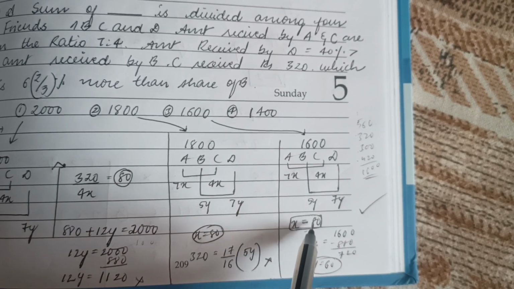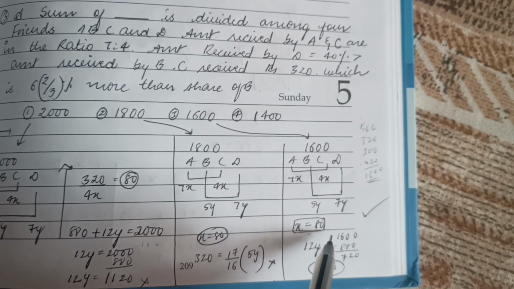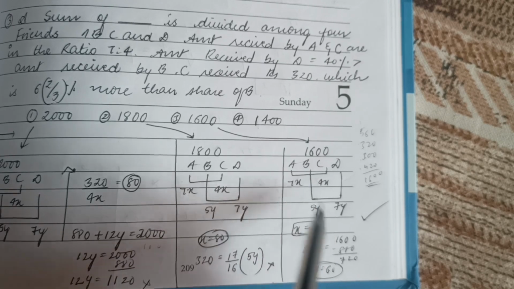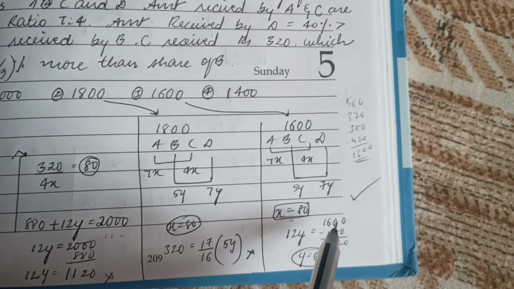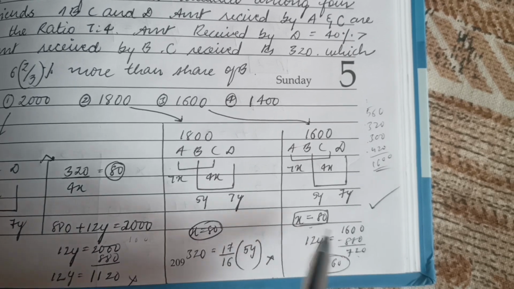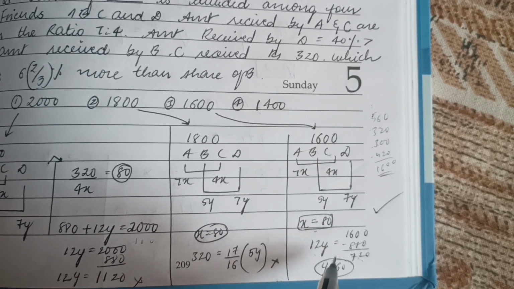Substituting here, as I already told you, I will get 880. If I subtract 880 from 1600, I will get 720. Therefore 12y will be equal to 720 and y will be equal to 60.